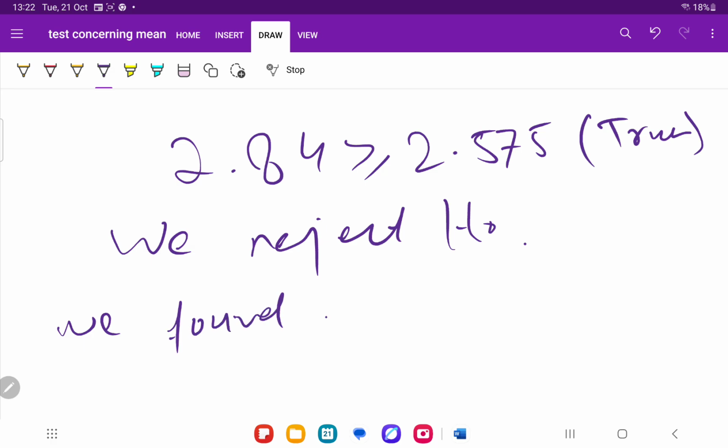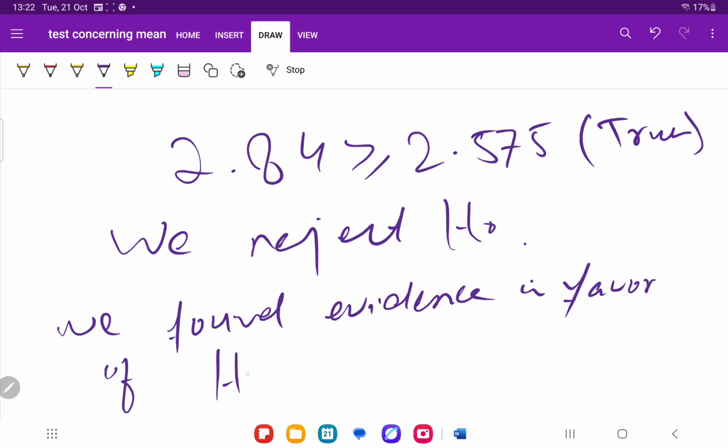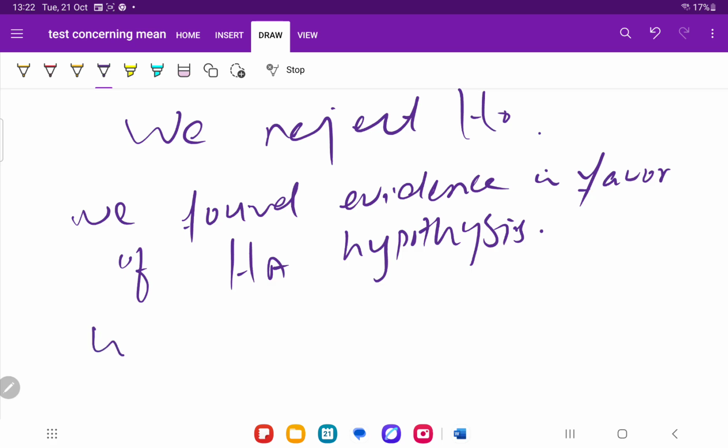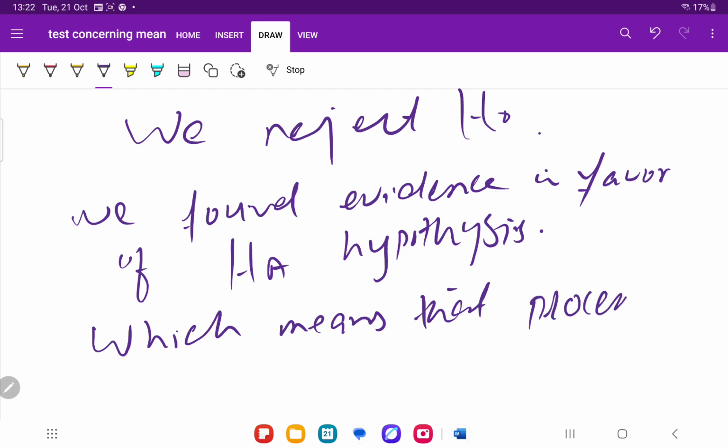Rejecting H0 means we found evidence in favor of the alternative hypothesis, which means that the process is out of control.